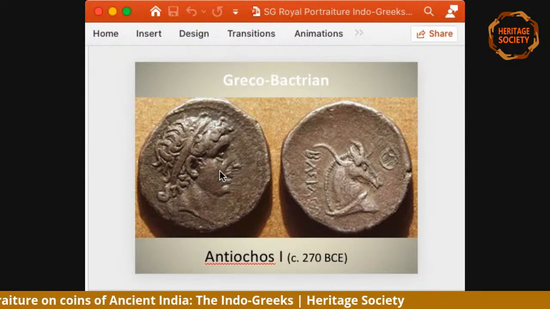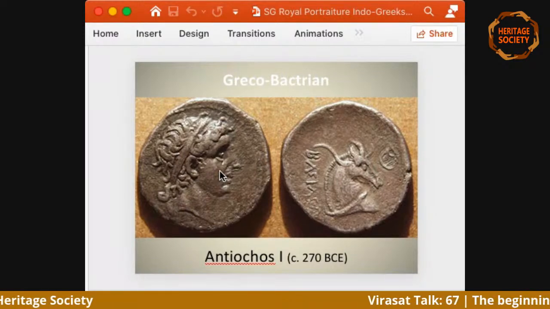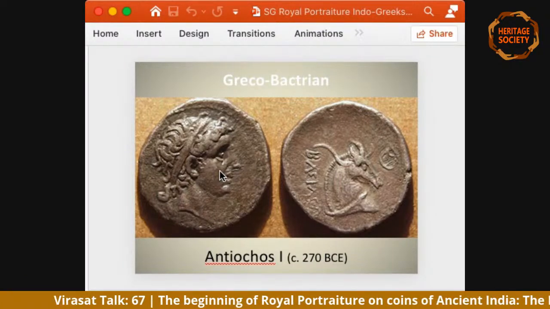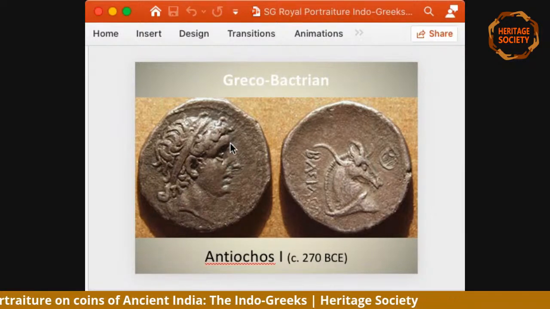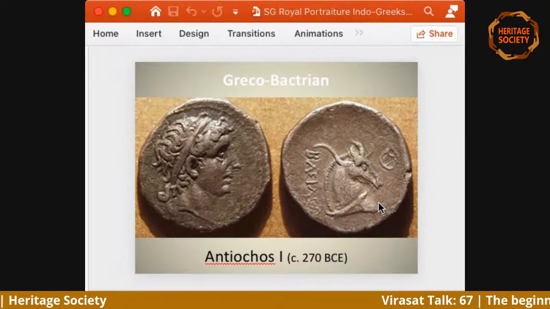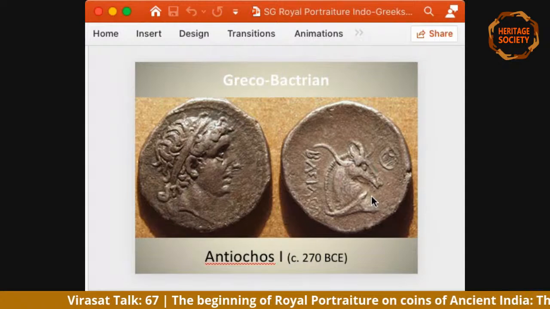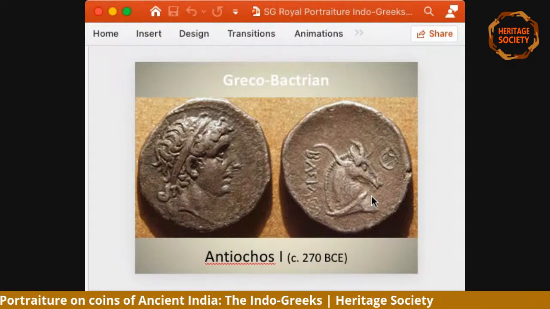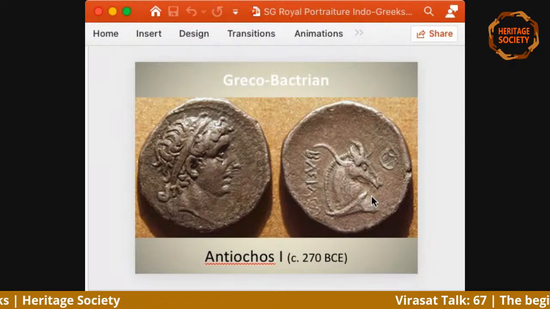Sometimes it is decorative, sometimes just a plain band, and it was used by monarchs and others as a badge of royalty. They did not have the tradition of wearing crowns or mukut in the Indian tradition, but this diadem. So here Antiochus is shown wearing a diadem, and on the reverse is his name, with a horse. And why this horse? Maybe it is commemorative of the famous horse of Alexander, Bucephalus, who led him to victory on the Indian territories.